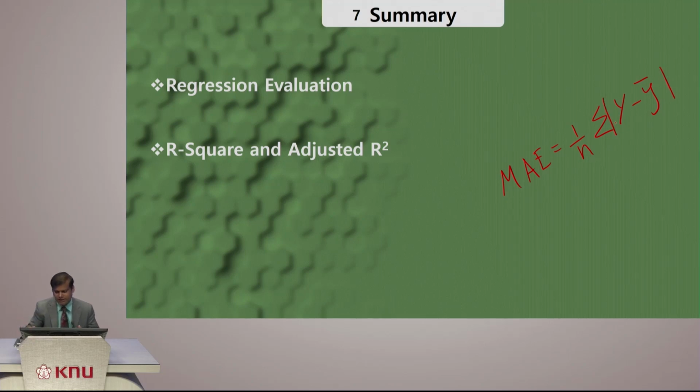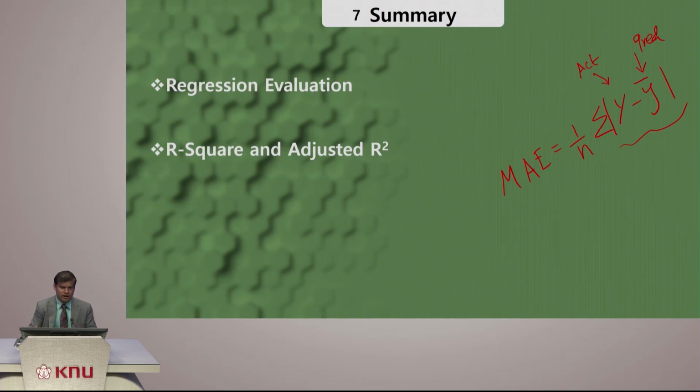Instead of the square, we just take the absolute values, where y is the actual or observed value, and this is the predicted value, and we are just taking the absolute, as you can see from the absolute sign, so that no negative value comes out.